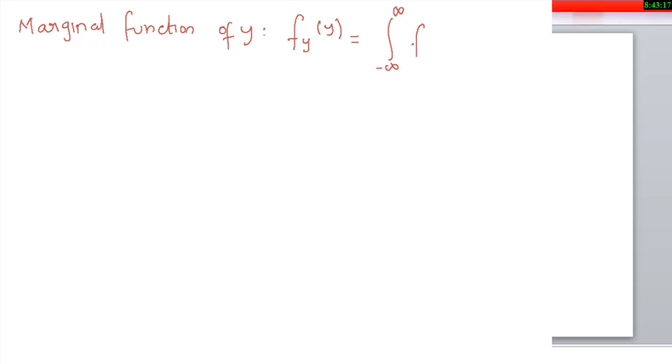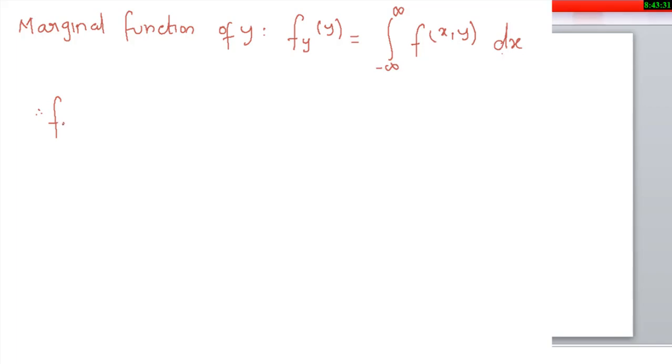So the marginal function of y is given as f of y is equal to integration from minus infinity to plus infinity, f of x comma y, this is the joint probability density function, into dx. For the case of marginal, when we have y over here, we'll be having x here. Now let me substitute the values.